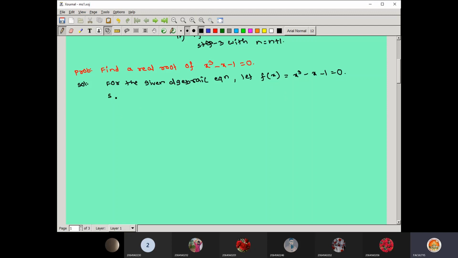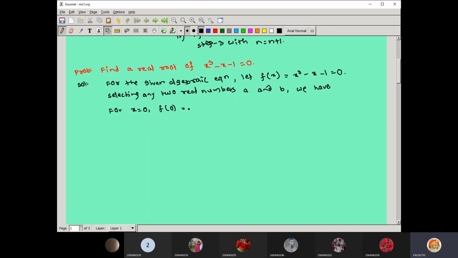So you select any two real numbers, a and b. Generally, whenever you want to select the real numbers, you always start with 0 in your given expression. So I suppose x equal to 0, which you substitute in your f of x.